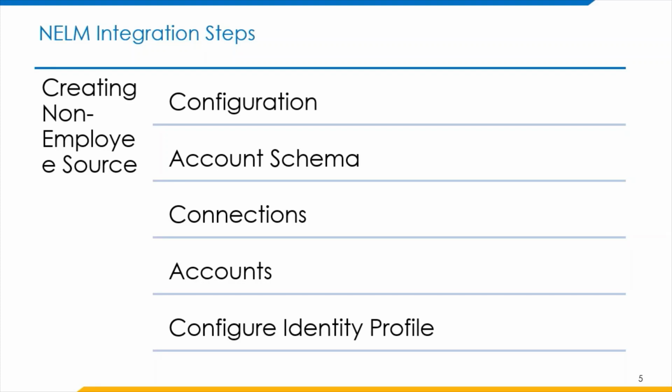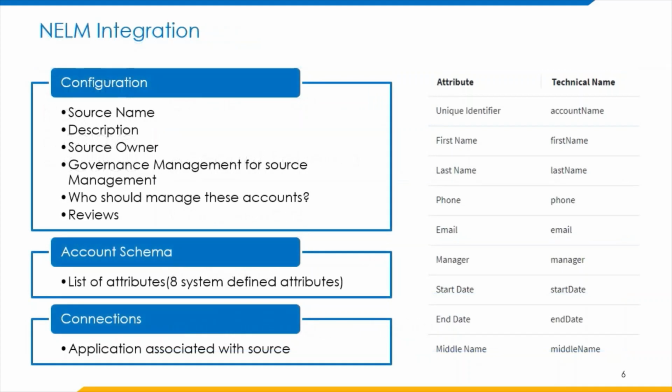And coming to the next slide, coming to the configurations, we have to add the source name according to the requirement and add a description as well. Source owner, who is the admin for this non-employee source, add that user's details. Governance management for source management, we have to create a governance group.